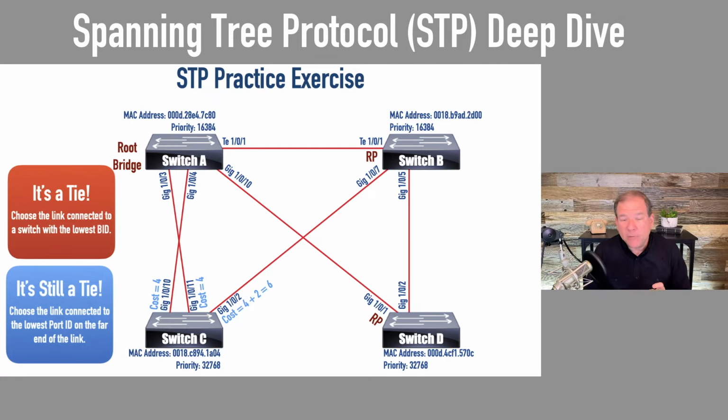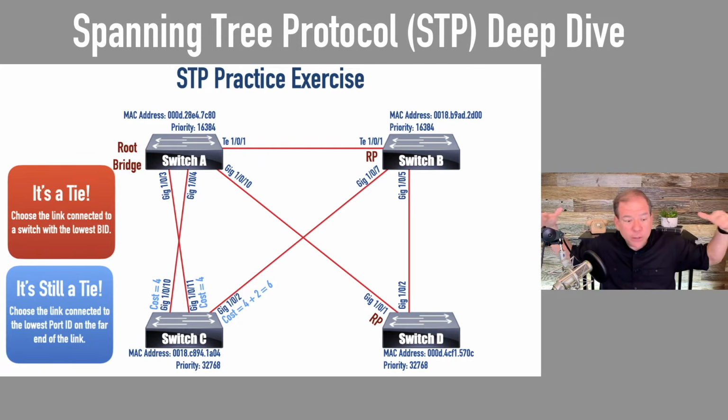Now, many people have heard, okay, if that's a tie, then I'm going to go with the lowest port number. And that's true. I've had many students tell me that when I ask that question. They'll say, it's the lowest number, so I'm going to go with 1/0/10. They understand it's the lowest number. Great that they understand that. But it's not the local port you're examining.